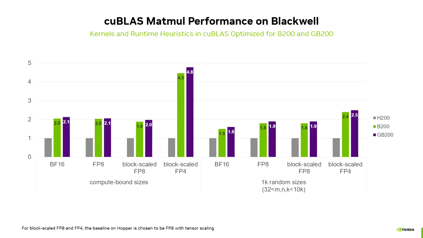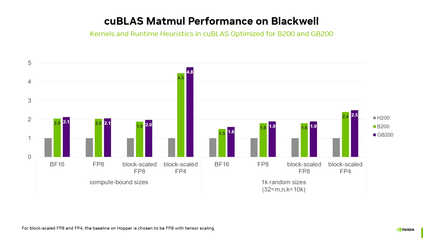How are we doing on Blackwell with matmuls of the established precisions like BF16, FP8, and then the new block scaling formats? If you look at the left half of the chart, you see the compute-bound matmuls speedup. We are reaching close to what the hardware specs on B200 and GB200 guarantee, and so you can see something like 2x for BF16 or FP8, and a lot more than that with FP4. Here, Hopper FP8 was chosen as the baseline for block scale formats.